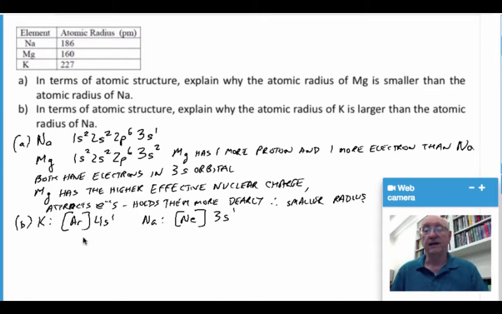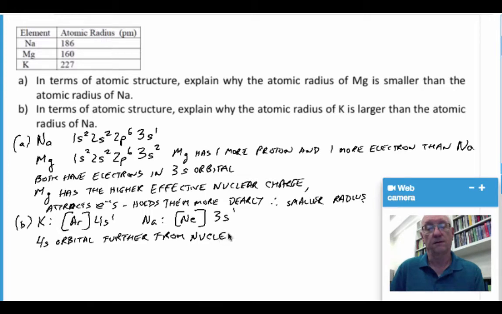So common sense should dictate that when you increase the principal quantum number, obviously you're increasing the number of shells. The shells get farther and farther away from the nucleus the higher the principal quantum number. So the 4s orbital is further from the nucleus than the 3s.